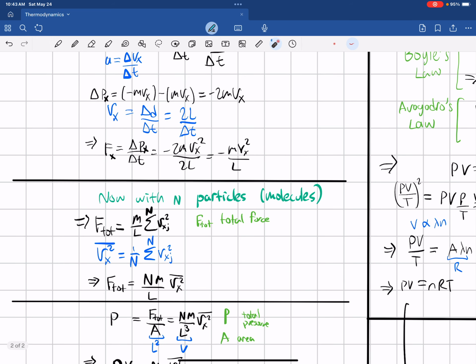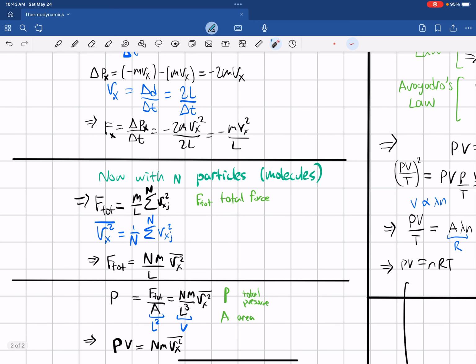It doesn't really matter the sign, because either way it will cancel out. So in this case, we'll just say it's positive. So the total force in the x direction, we'll just call it F total, so we don't have to write Fx total. It'll be kind of annoying.